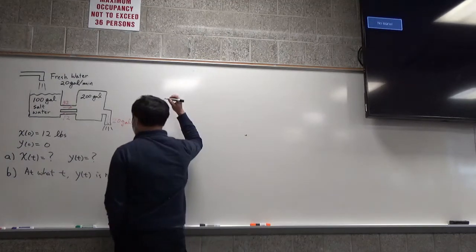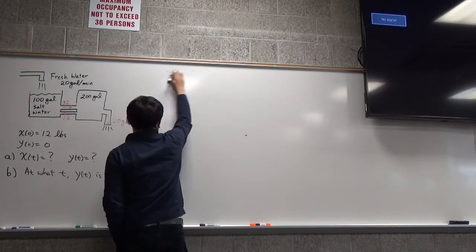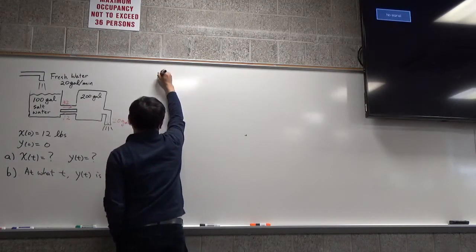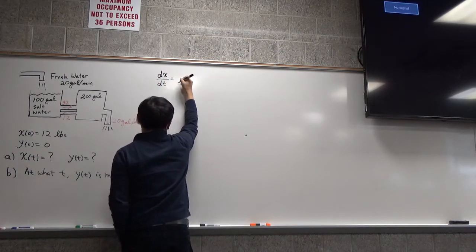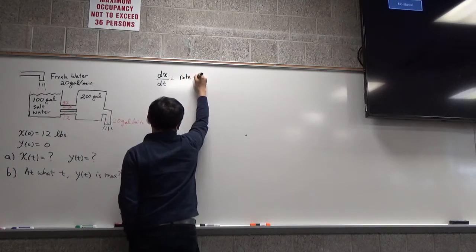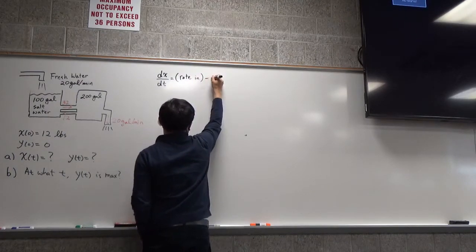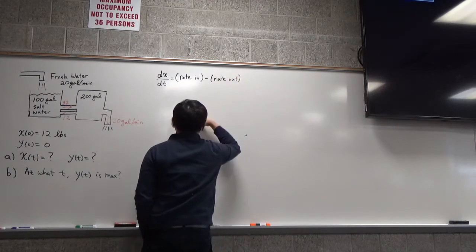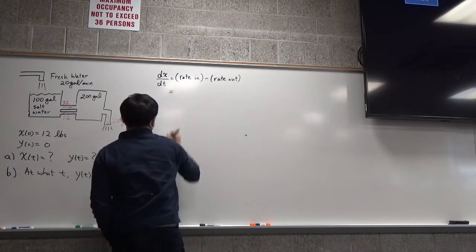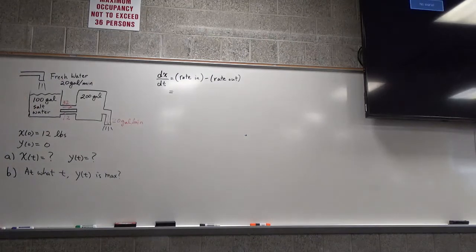All right, so let's write down the differential equation by using this idea that the rate of change is rate in minus rate out. And for here, this was fresh water, so there is no salt coming in.